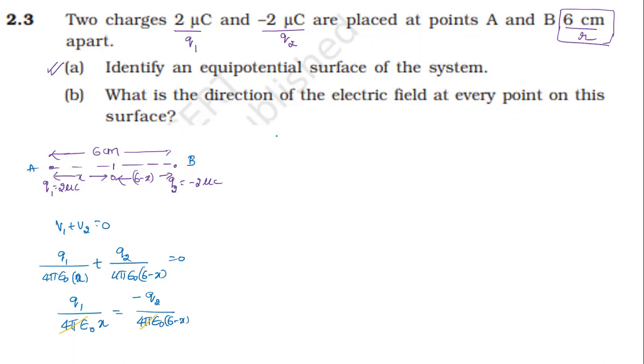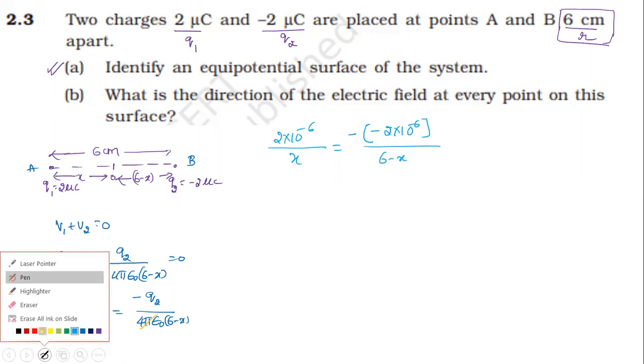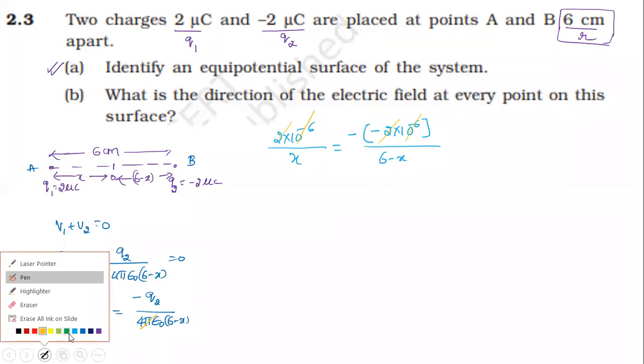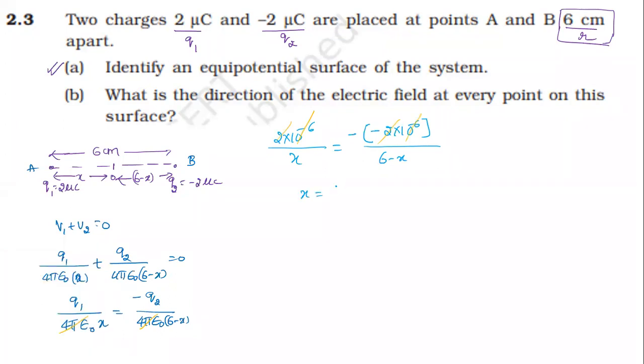Remaining, Q1 value is 2 into 10 power minus 6 divided by x, equal to negative of minus 2 into 10 power minus 6 divided by 6 minus x. Now don't cancel x and 6 minus x; those will not cancel. 10 power minus 6 cancels, and 2 also cancels. So directly x equals 6 minus x, and after simplifying, x equals 3 centimeter.